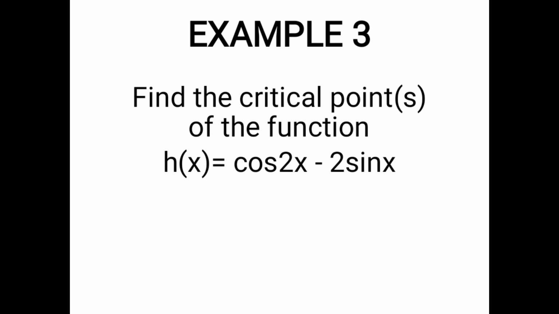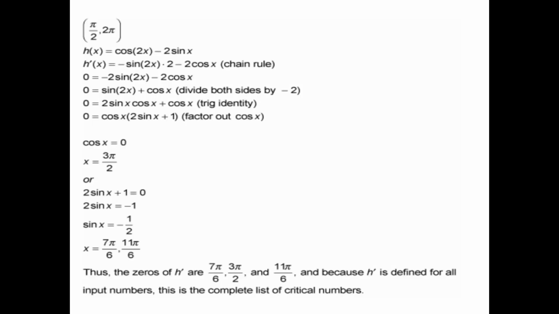The first derivative is h prime of x equals, differentiating cos 2x using chain rule, minus 2 sine 2x, differentiating minus 2 sine x to have minus 2 cos x, and then equating to 0 to have minus 2 sine 2x minus 2 cos x equal to 0.